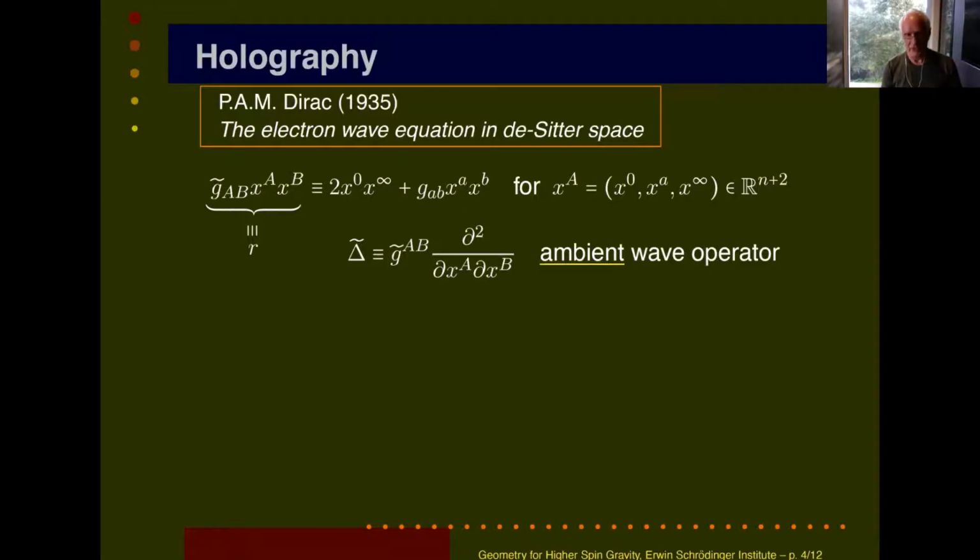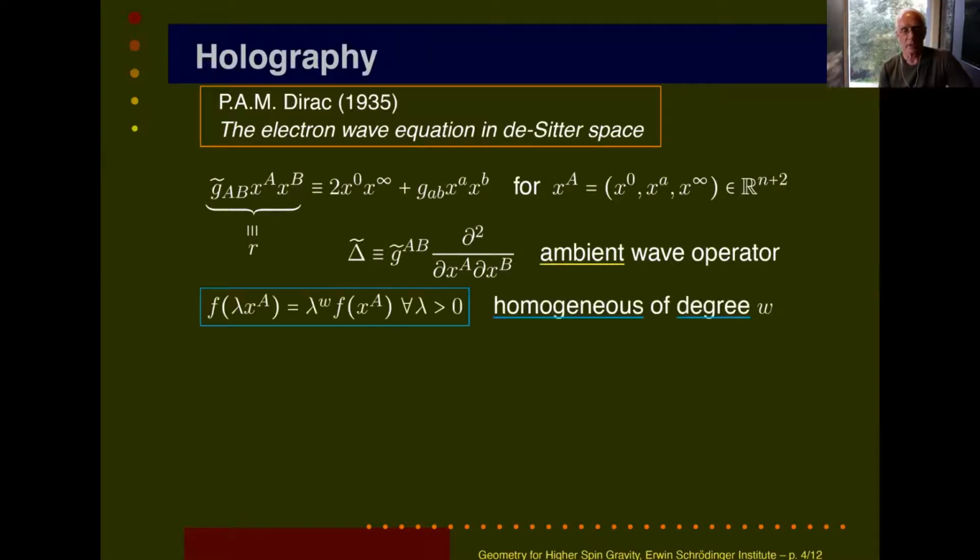I'll introduce the terminology ambient to mean things which are happening in this bigger space. Other terminology might be, or at least projectively, the bulk. Anyway, it's got this wave operator, which is acting in a space of dimension n+2.